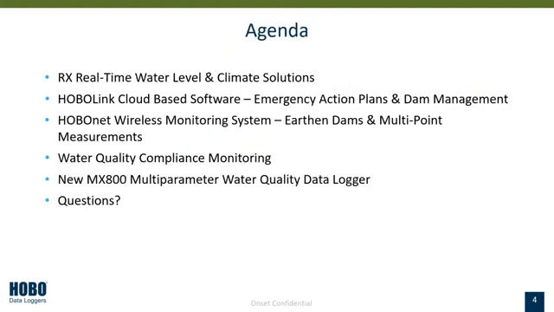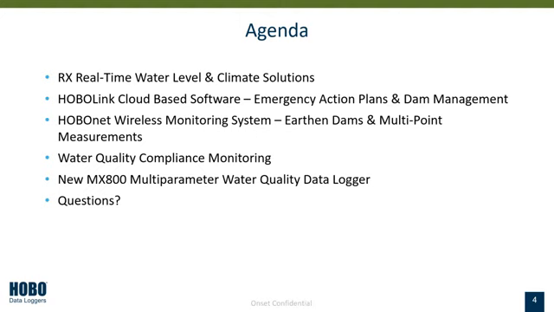For today's agenda, a lot of it's going to be around real-time monitoring and some of our RX stations that cover water level parameters and some of the climate parameters. We'll also get into the cloud-based software, which is great for emergency action plans or dam management, to keep you up to date and informed at all times.